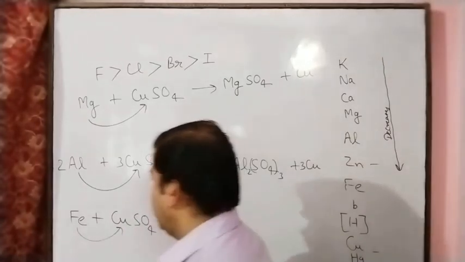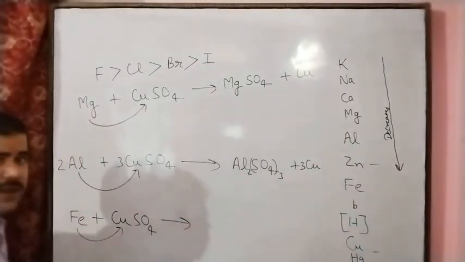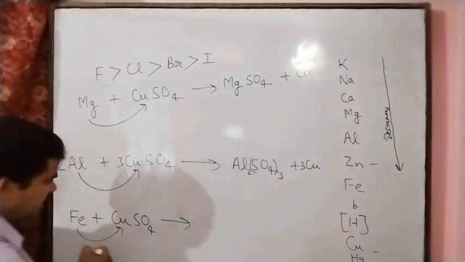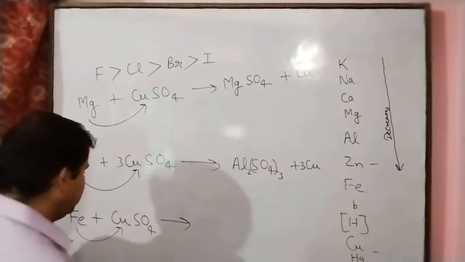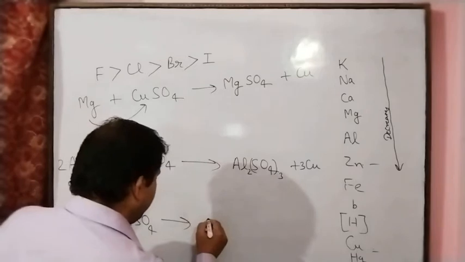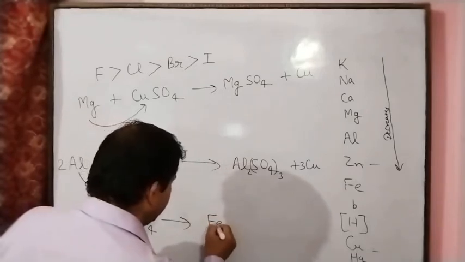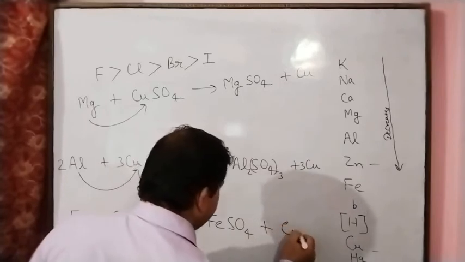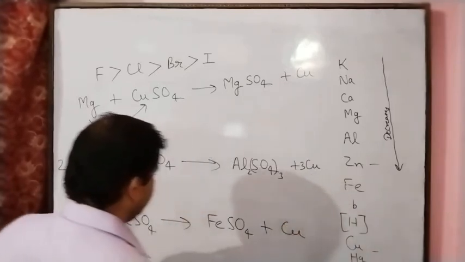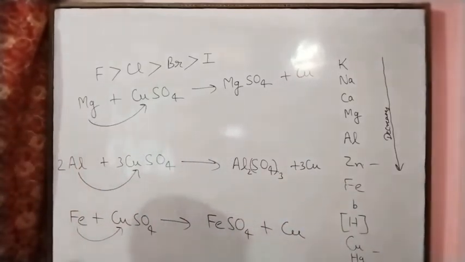So iron is the superior metal and it displaces the inferior metal, which means iron displaces the copper. So here we will get FeSO4 plus Cu.